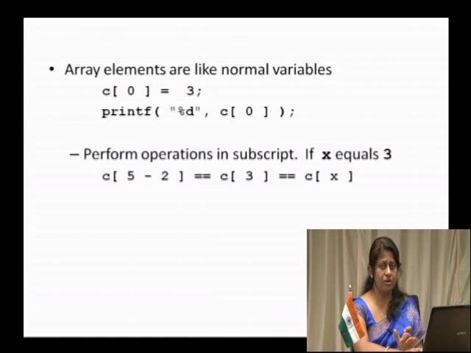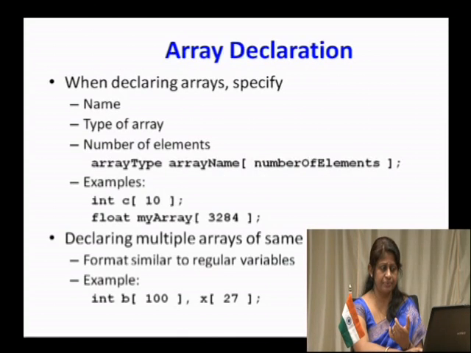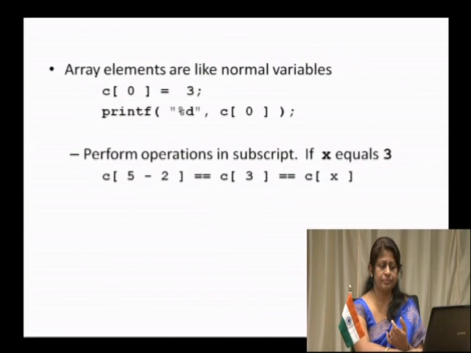It is C of 3. Why? Because we start from C of 0. 0 is the first element, 1 is the second element, 2 is the third element, and 3 will be the fourth element. So when I say C of 3, I am always referring to the fourth element of the array C.